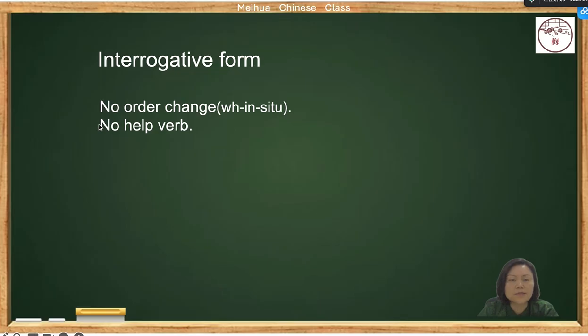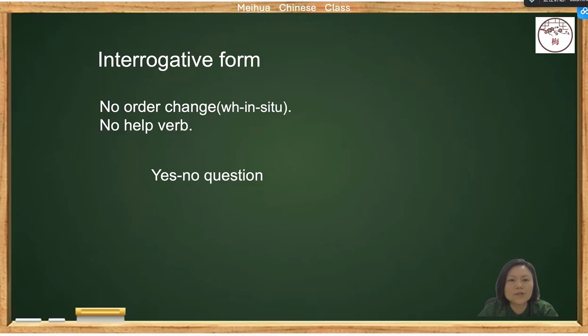The second rule is still no helping verb. We don't add some helping verb like do, did, have, had, similar to the negative form rule, right?